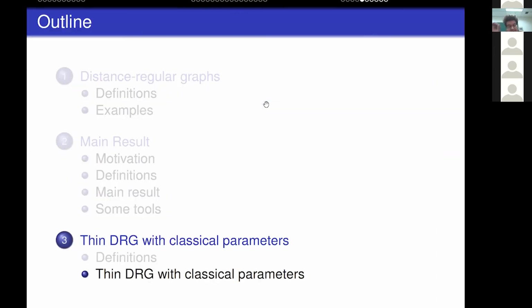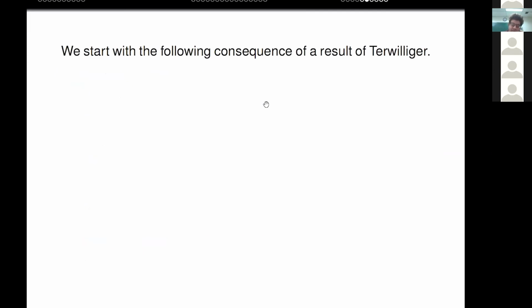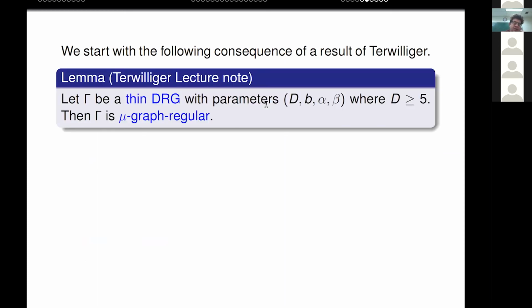Okay, so now I will go to my last section. I will talk about thin distance regular graphs with classical parameters. As I already told you, I will talk about a result of Terwilliger, and it is in the Terwilliger lecture notes which were edited by Suzuki.